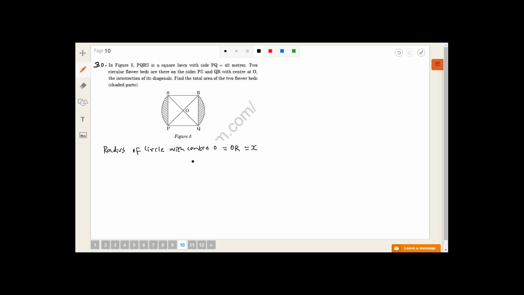Now the diagonals of a square bisect each other at 90 degrees. So if this is x, this will also be equal to x.